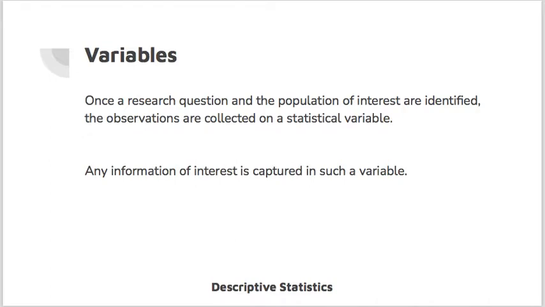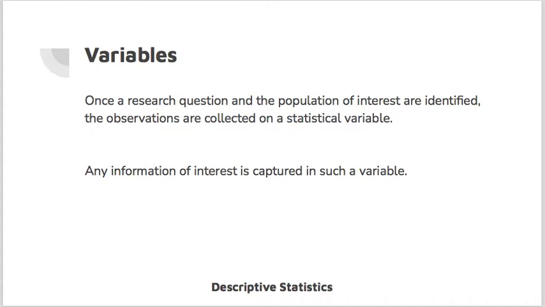So we will collect the data on the relevant variable from the population sample, which we mentioned in part 1 of our video. We collect data on that particular aspect or phenomenon which we want to know. In simple language, this phenomenon or aspect is called a variable.